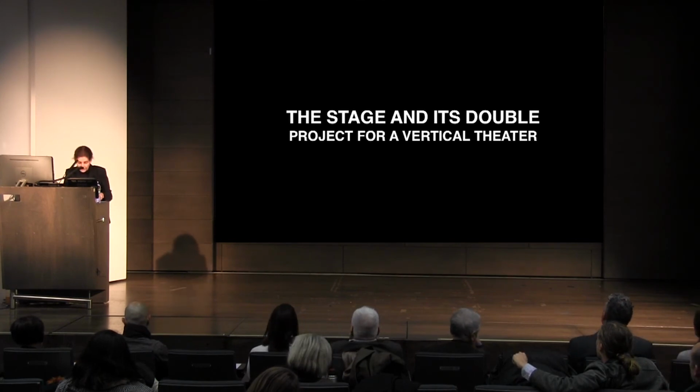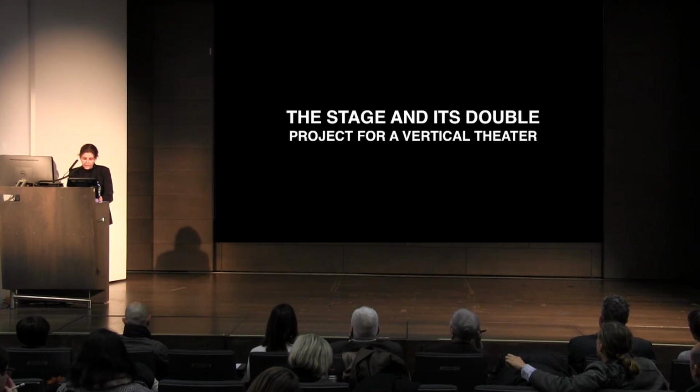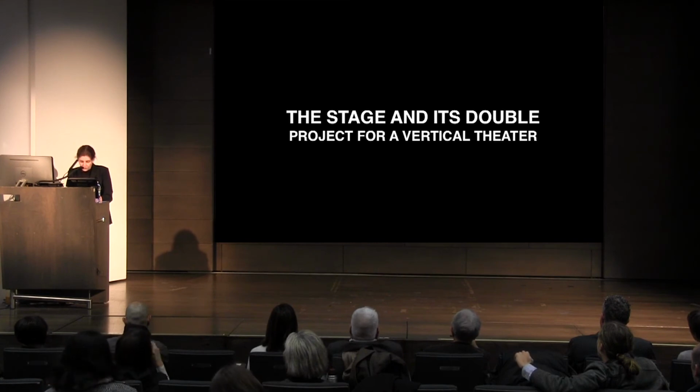Despite the Artaudian title, it was probably closer in inspiration to Brecht and de Boer at the time, but today I want to try to think about it in relation to Ranciere's ideas. I show you some of my sketches and drawings, not without a little hesitation, as they're rather primitive.